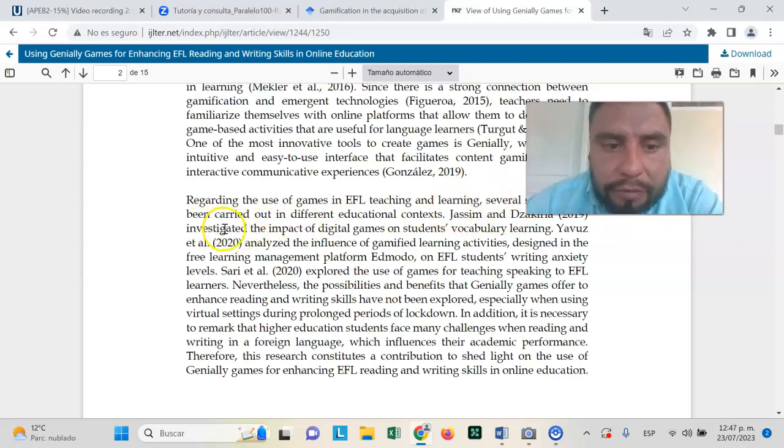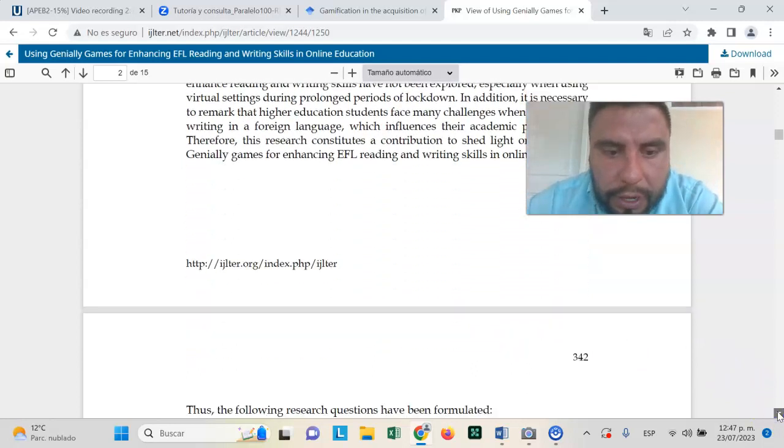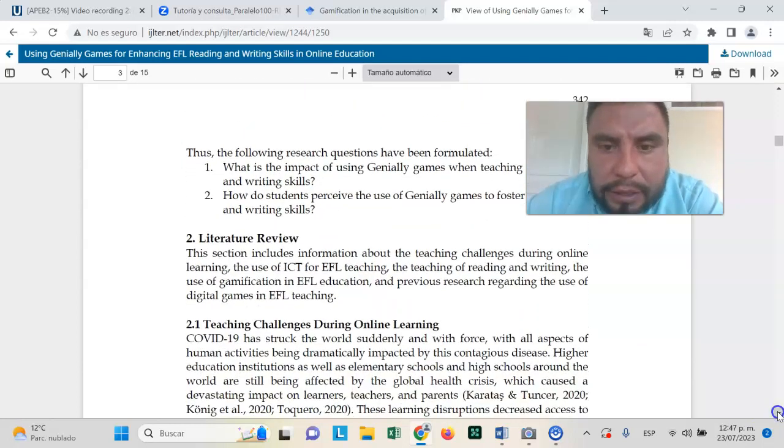Okay, so when we have a reporting verb, we have to cite the last names of the authors outside of the parentheses.